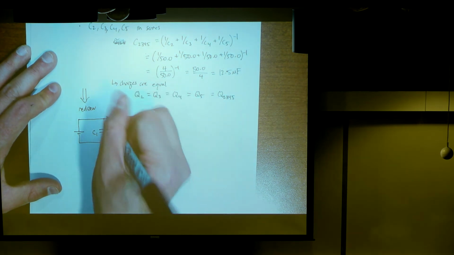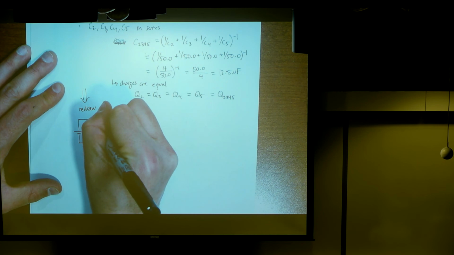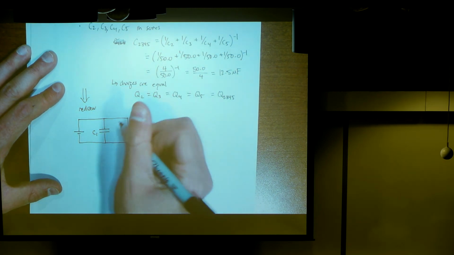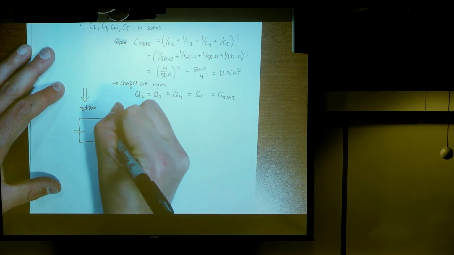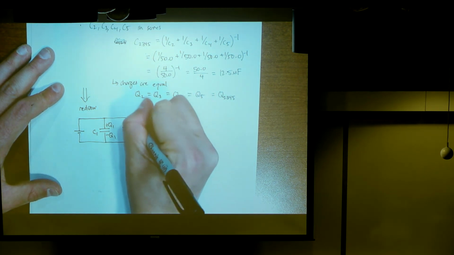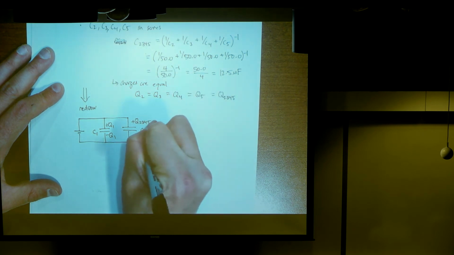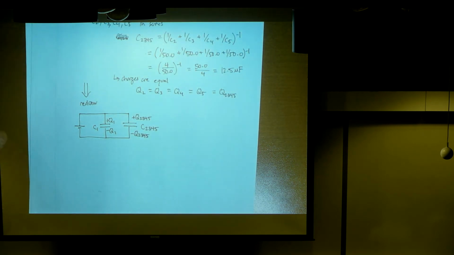This is going to help us see what comes next. So on this capacitor, I have positive and negative Q1. On this one, I have positive Q2345, negative Q2345 on those plates. Okay? So we good so far?